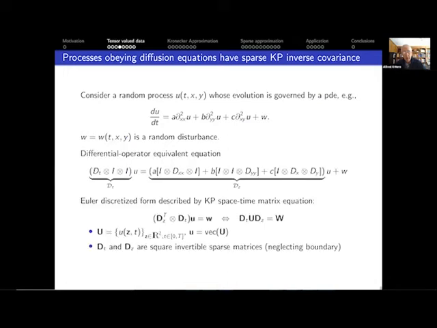And one can then express this in terms of a differential operator equivalent using Kronecker products, operator products that, in Euler discretized form, so you just do an Euler discretization over time and over space, convert this differential equation into an equivalent equation which has the form of a Kronecker product, either on the vectorized version of U that goes over time and over all the spatial components, like in the example I showed above, or you can also represent that in terms of a rectangular matrix, time by space dimensions.